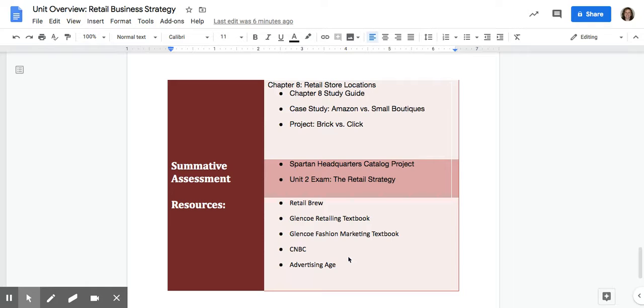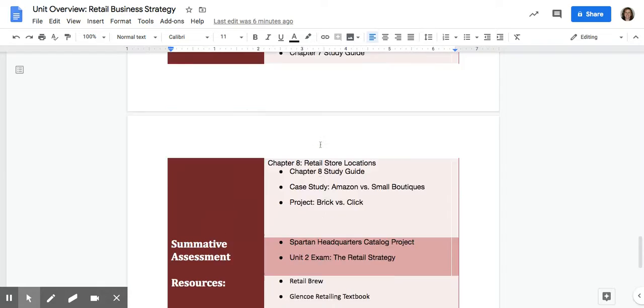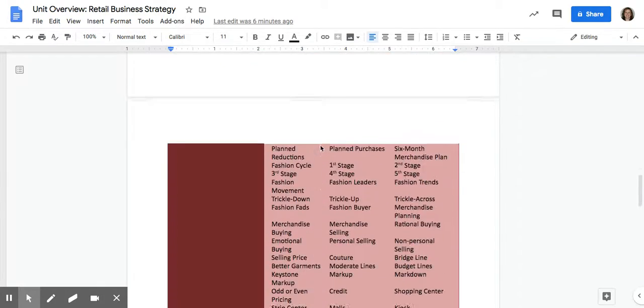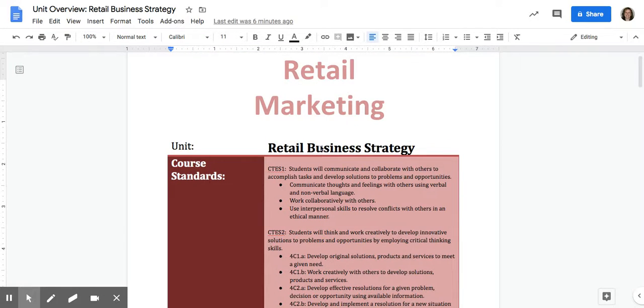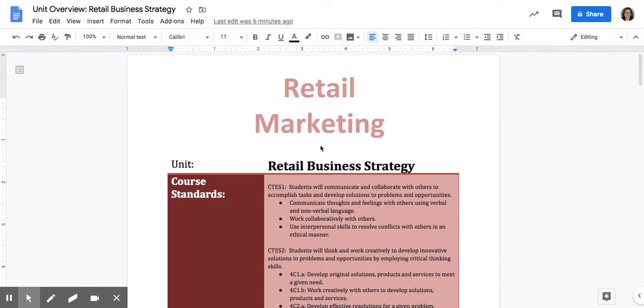I use Retail Brew, my textbooks, CNBC, Advertising Age, all of those types of things as we go through. These are really helpful things to have, like I said, to be able to demonstrate what my unit expectations are, but really to make sure that I have both formative and summative assessments that align directly to my standards.